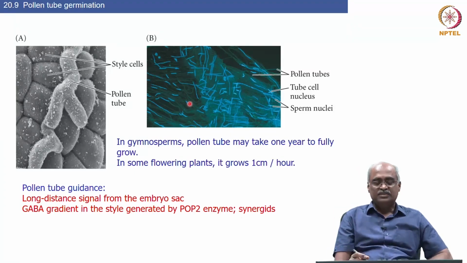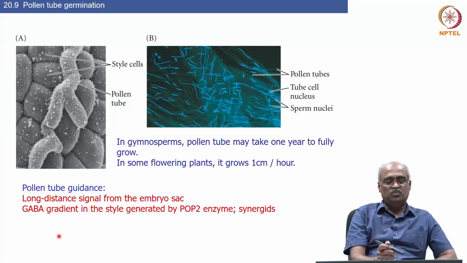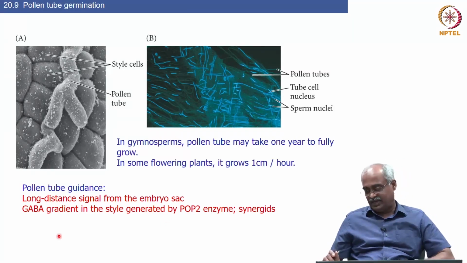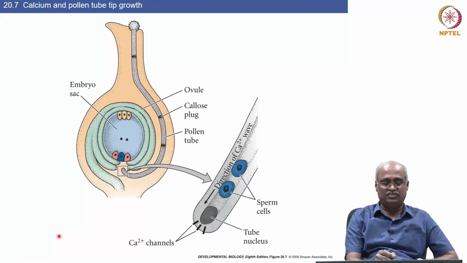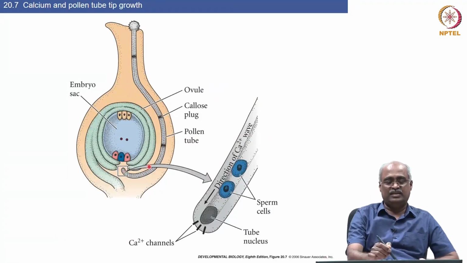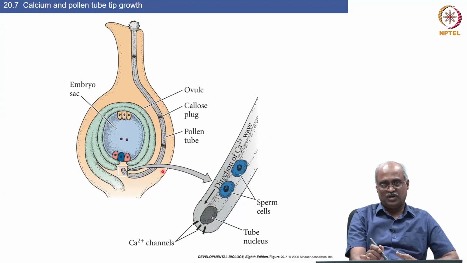Okay. So this tube generation and its migration all the way going down to the micropyle, as shown in this image, obviously is an elaborate process. So therefore there will be proper guidance, repelling and direction to the right place, all of that will be involved.